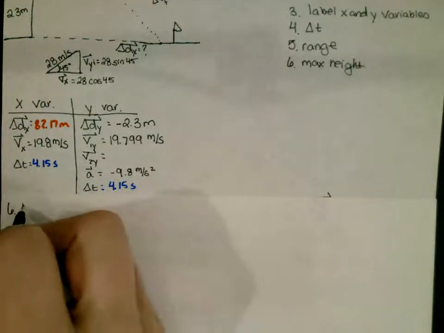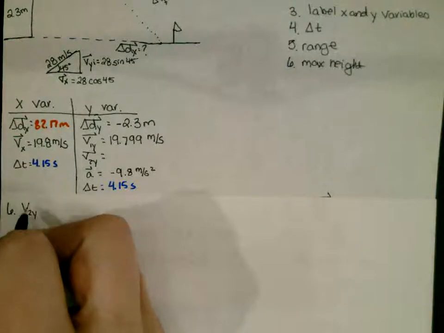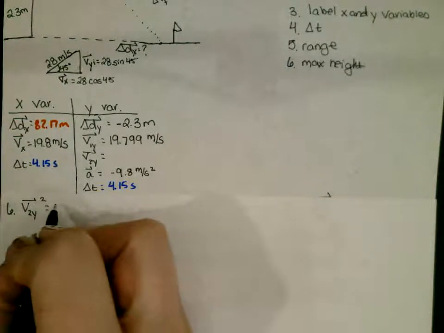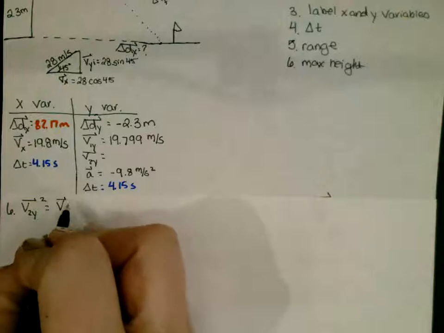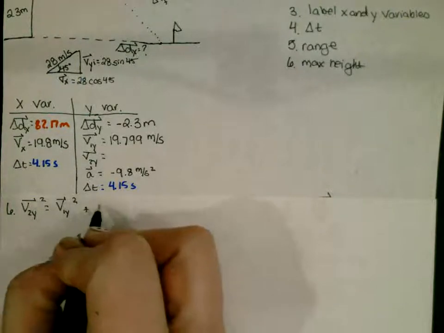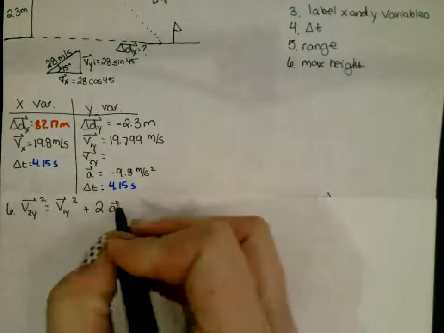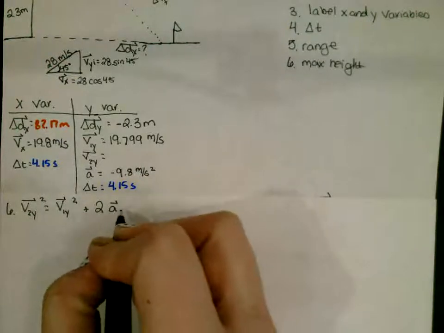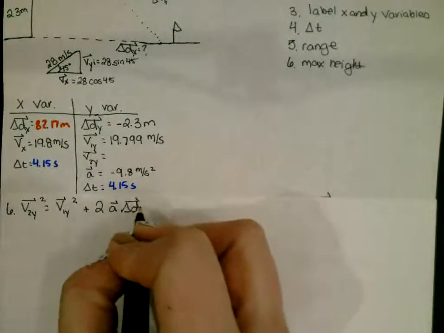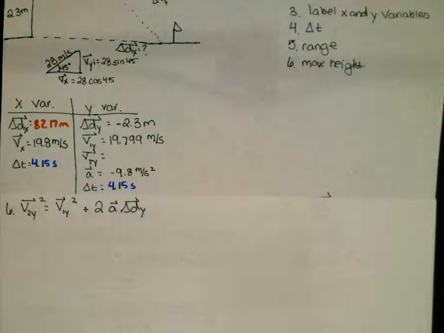All right, so our final velocity squared is equal to our initial velocity squared plus 2 times the acceleration times displacement.